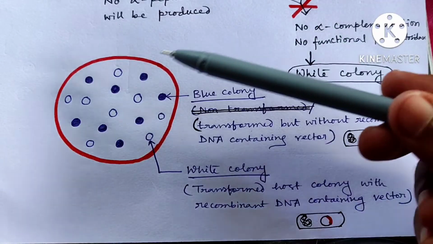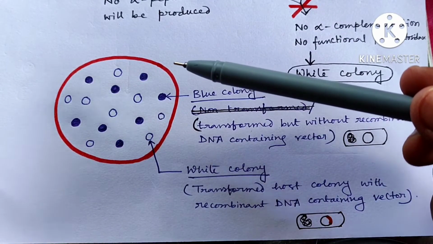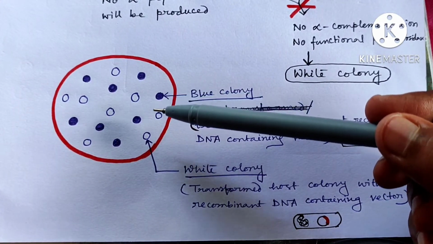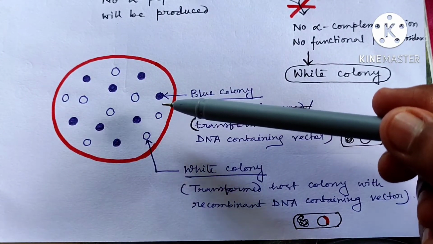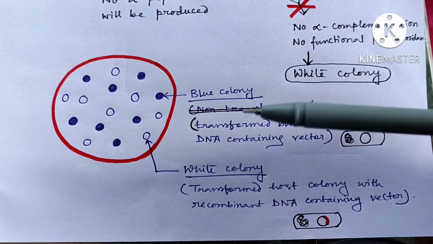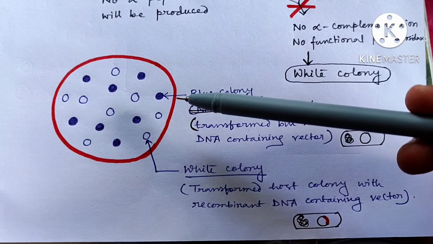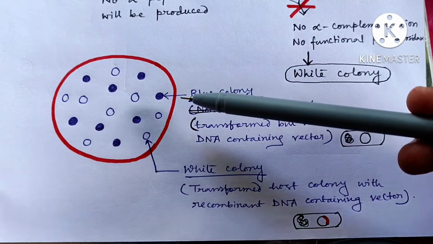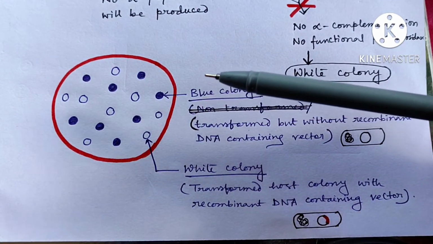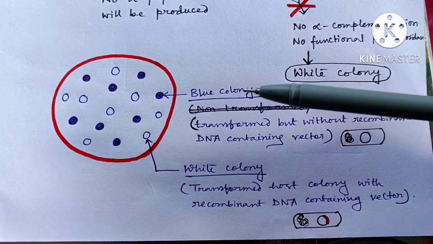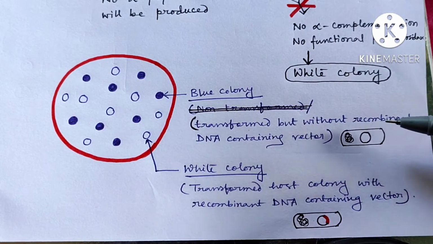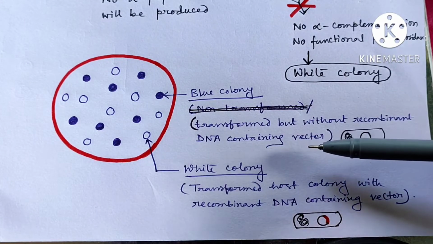In a Petri plate, if you find two types of host cell colonies, one blue colony and another white colony, what can you interpret from that? See, a blue colony means they are transformed host cells, but they contain a non-recombinant vector. So they are transformed host cells but without recombinant DNA containing vector.